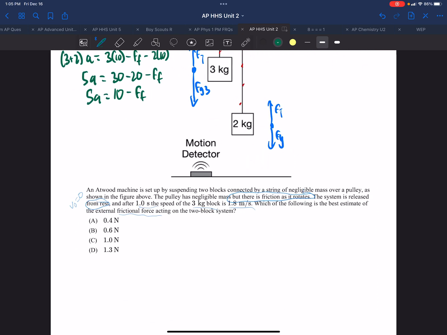Now the observed acceleration is delta V over delta T. And so after 1 second, the speed is 1.8 meters per second. So the acceleration is 1.8 meters per second squared.